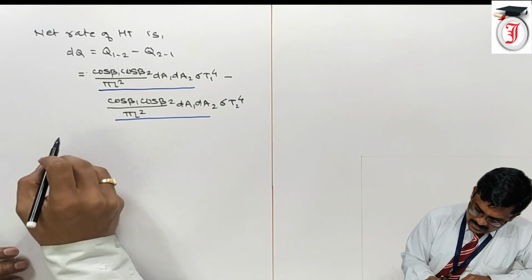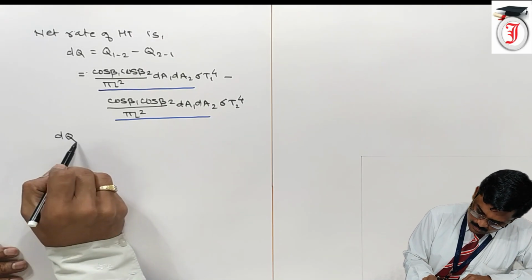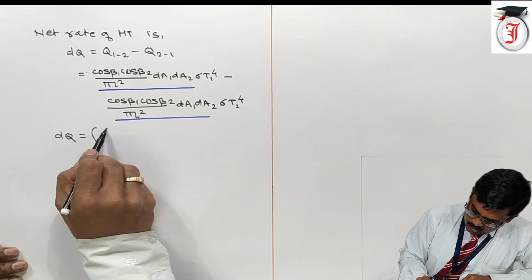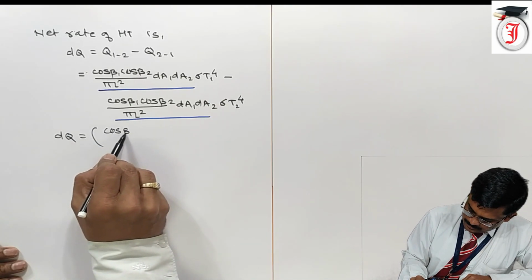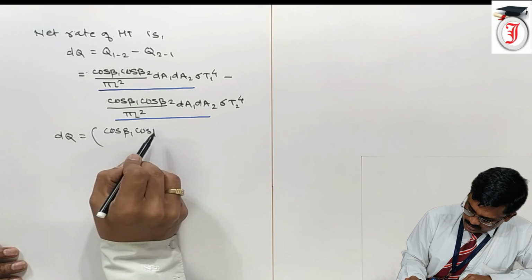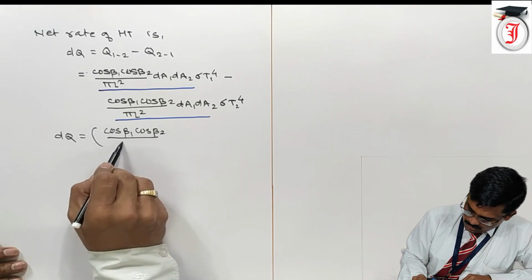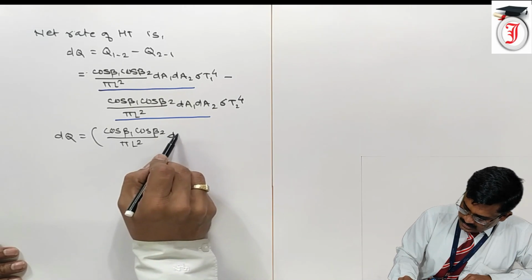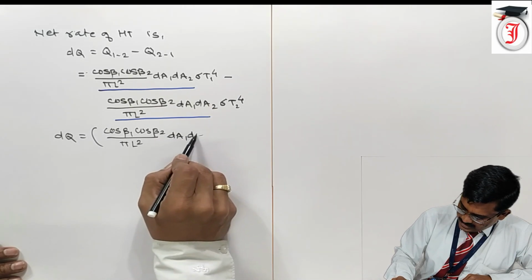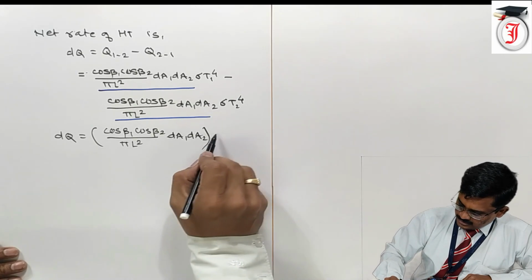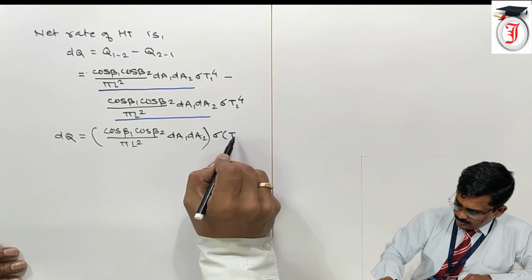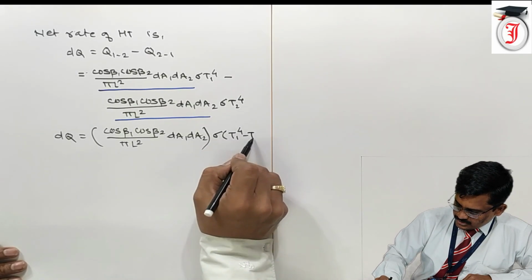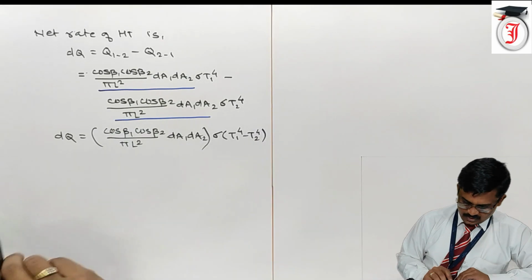We get dq is equal to cos beta 1 cos beta 2 upon pi L square into dA1 dA2, bracket complete, sigma into T1 raised to 4 minus T2 raised to 4.